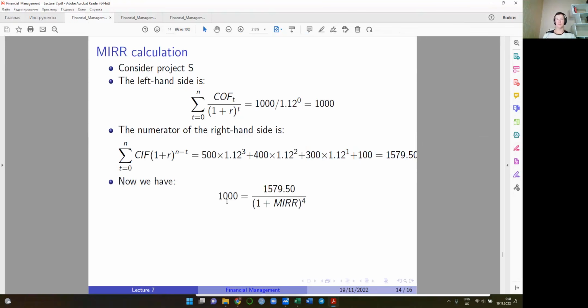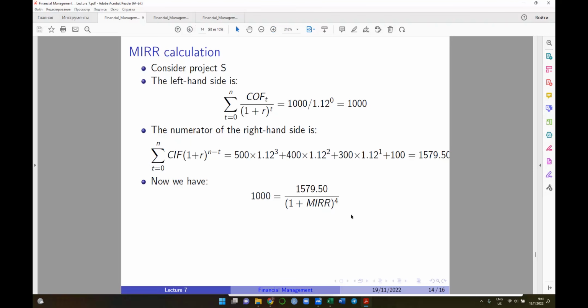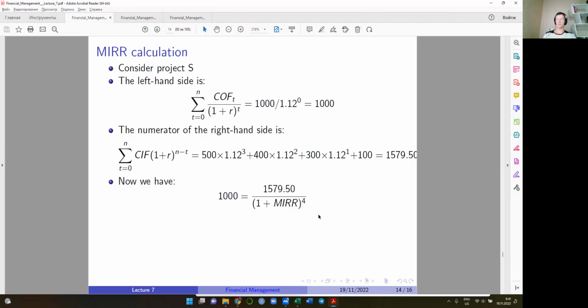And now the last step. We have 1000 equals 1,579.50 divided by (1 + MIR) to the power of 4. So we need to express MIR and compute it. So we express it.